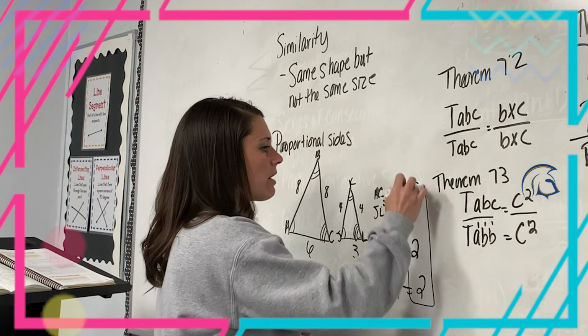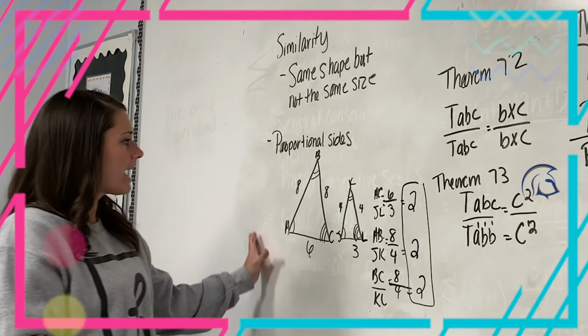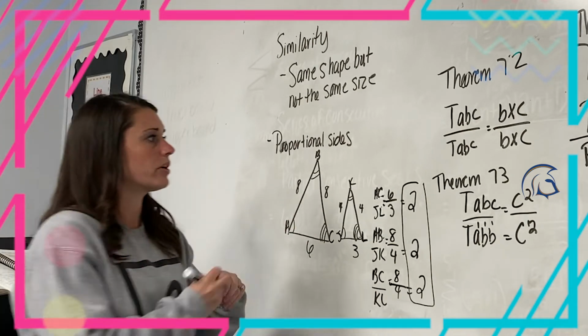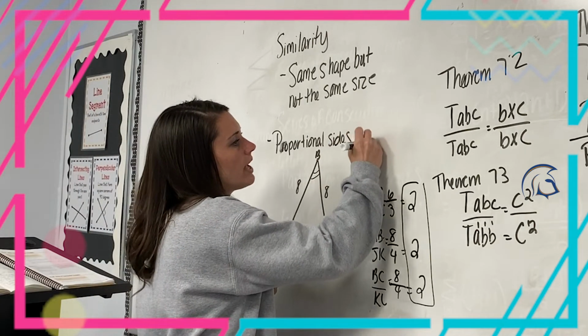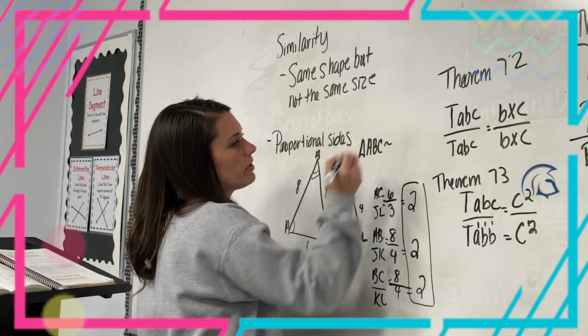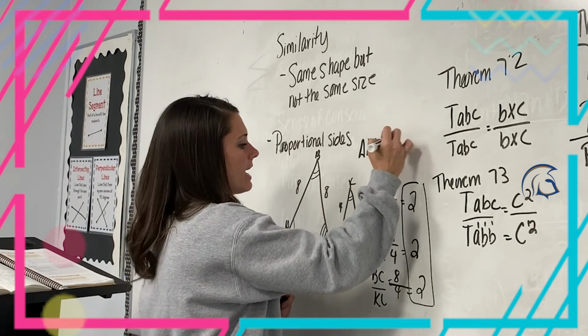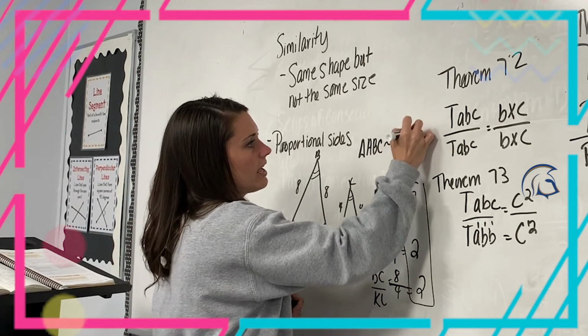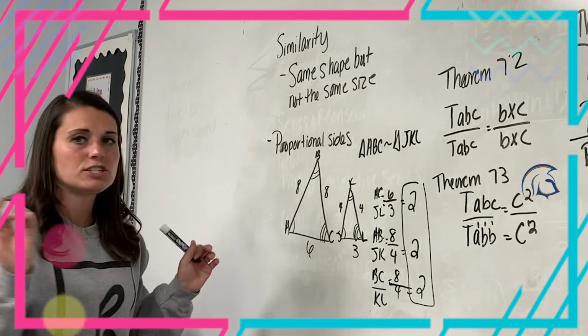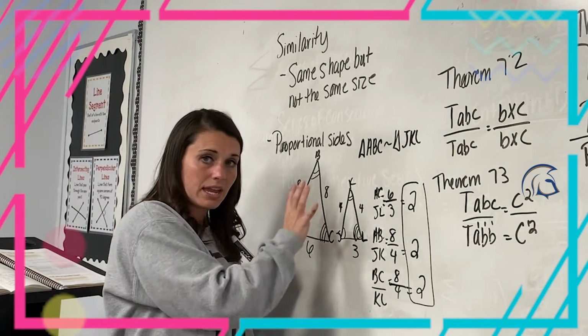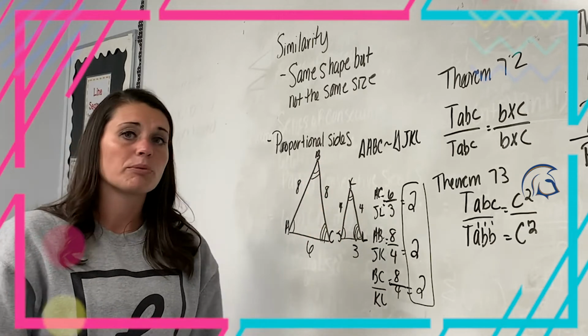So this is how I prove that triangle ABC is similar to triangle JKL. And the way that you prove that is that all the angles are the same, but the sides are proportional.